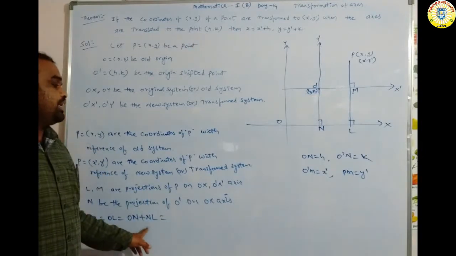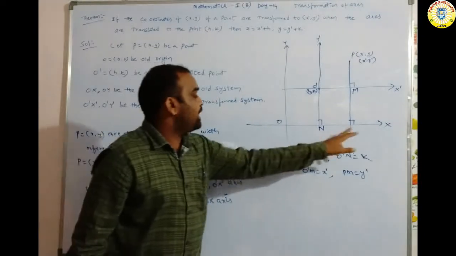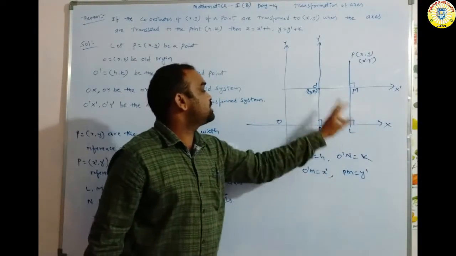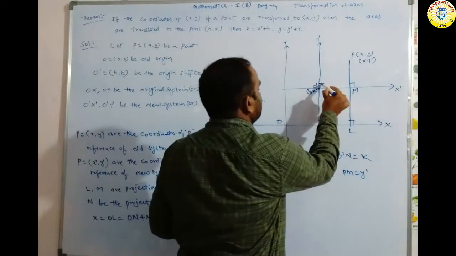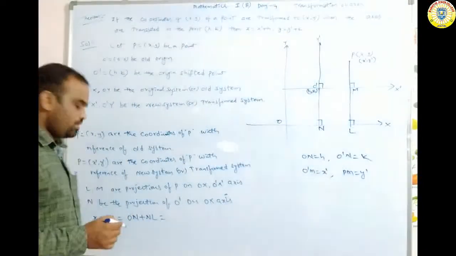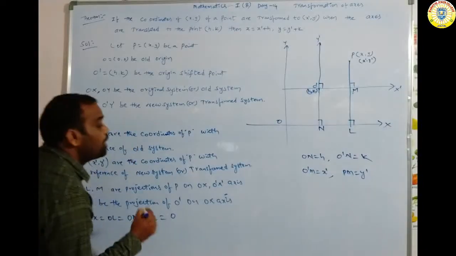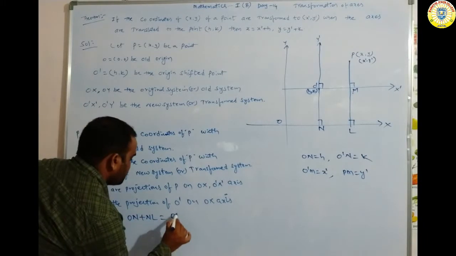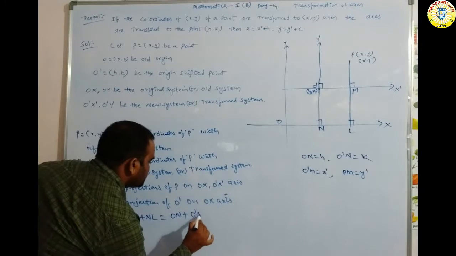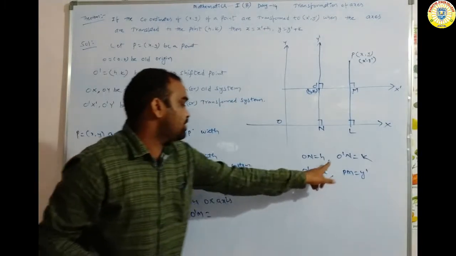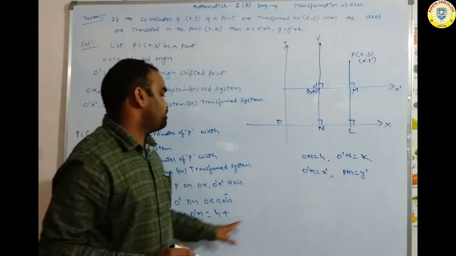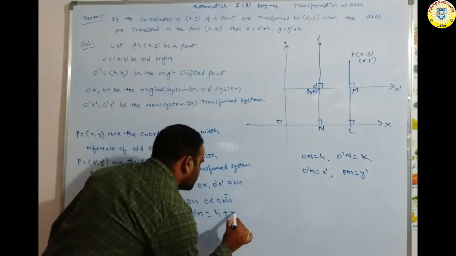Observe that NL is equal to O dash M. ON is equal to h, and O dash M is equal to x dash.